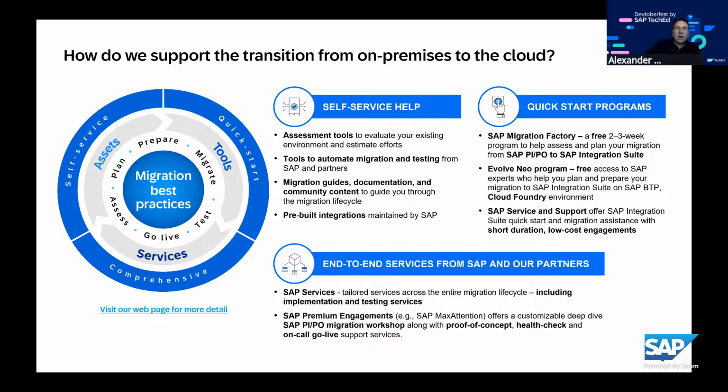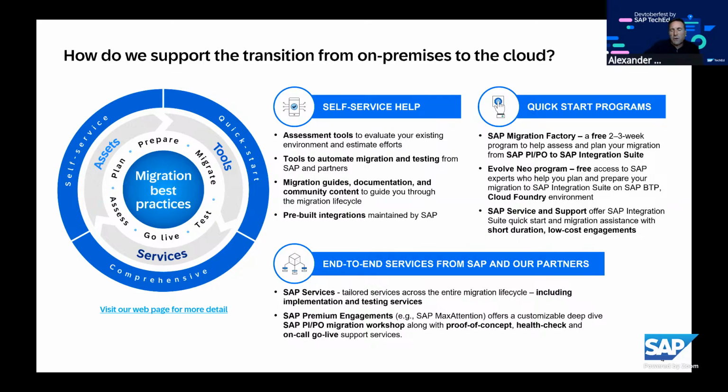We have a migration guide that explains for specific topics how to implement, for instance, how to migrate a Java mapping into cloud integration, how to run proxy scenarios on cloud integration, right? This is all covered actually in the process orchestration migration guide.